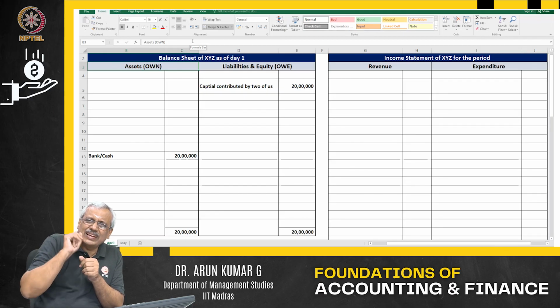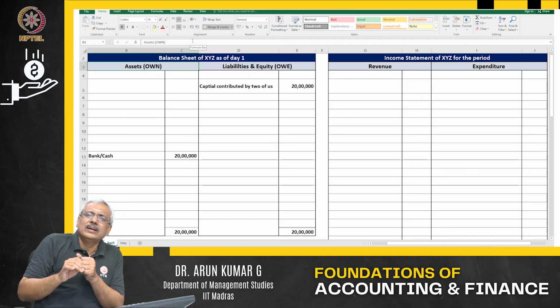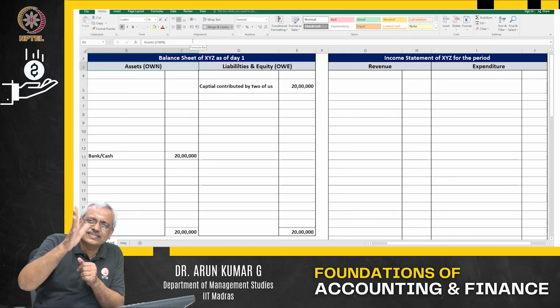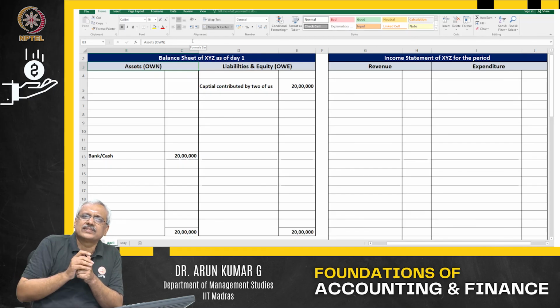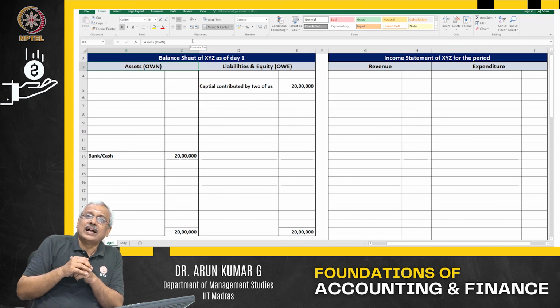The other 45 lakhs I have signed a mortgage, a promissory note, where I will pay at a later stage. That is, the machinery cost is 50 lakhs. I have bought the machinery.